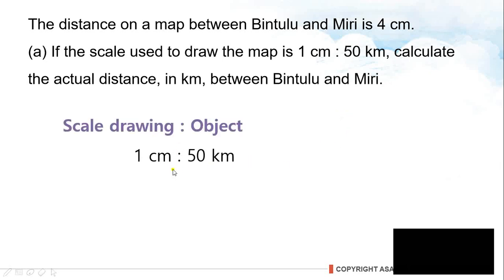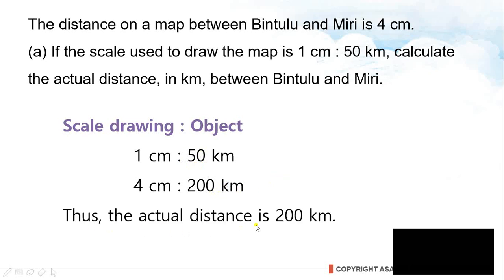So this is the scale. If 1 cm is 50 kilometers, then 4 cm will become 200. We just times 4 by 50. So the actual distance is 200 kilometers.